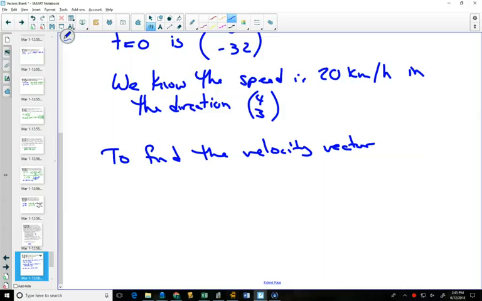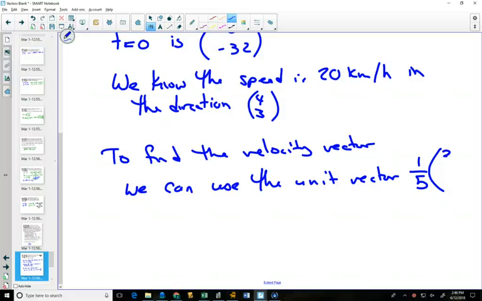To find the velocity vector, we would need to first find the unit vector in that same direction and multiply it by 20. So for our unit vector in this same direction, if I do a squared plus b squared equals c squared, you can find that that length is 5. So we can use the unit vector, which would be 1/5 of 4, 3.